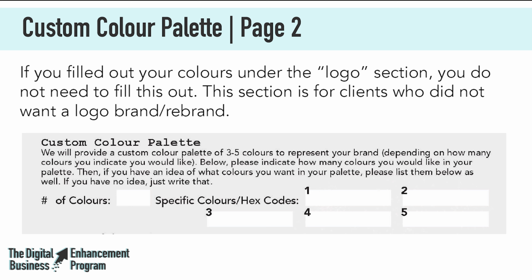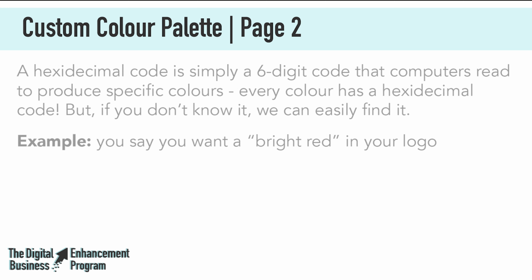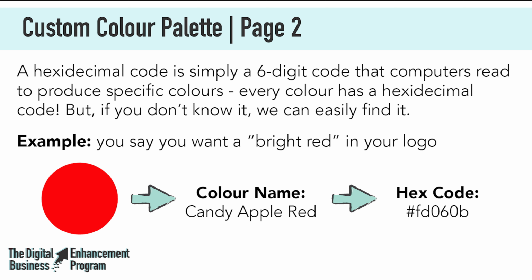So again, all we need here is simply the number of colors you want, whether that's 1, 2, 3, 4, 5, whatever that may be, it is totally up to you. And then you're going to list color names or even the hexadecimal codes if you happen to have those. That is just a specific code. It's a 6-digit number that is basically computer language that helps computers translate specific colors.